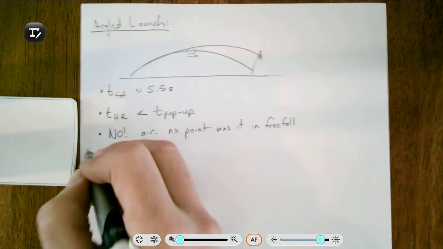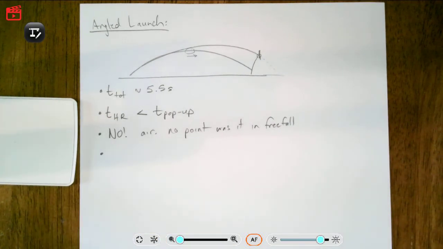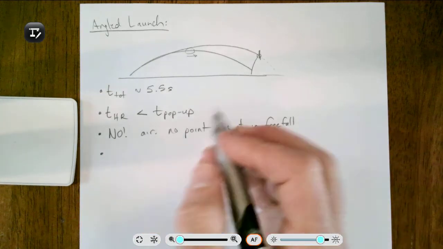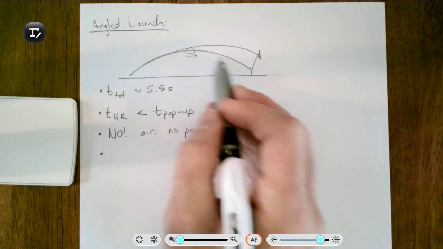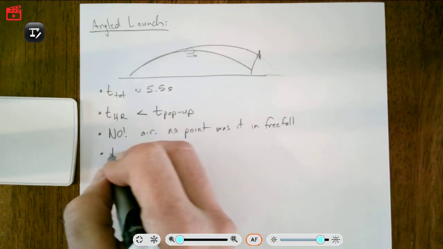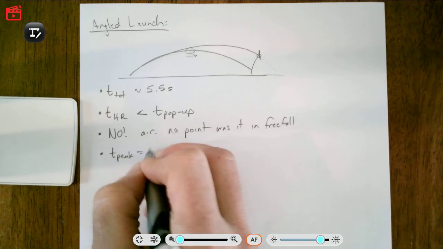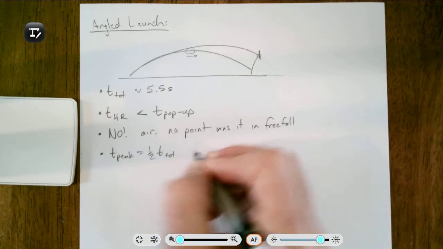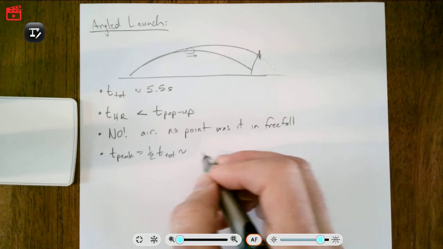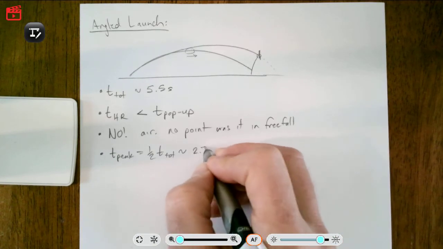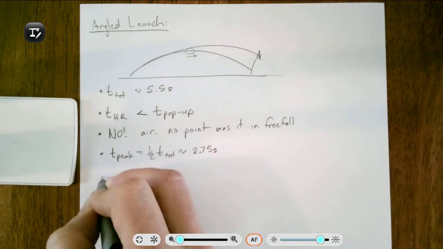So, no. Okay. How long did the ball take to get to the peak? Well, if it does follow this symmetric path, then the time to the peak should be 1/2 the total time. So if you got 5.5 seconds, it should be somewhere around 2.75 seconds.